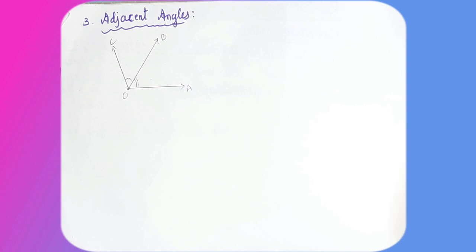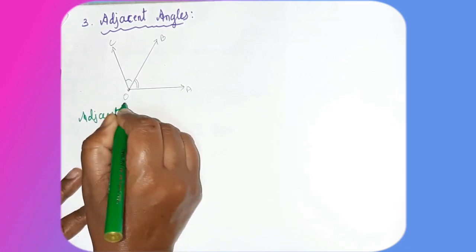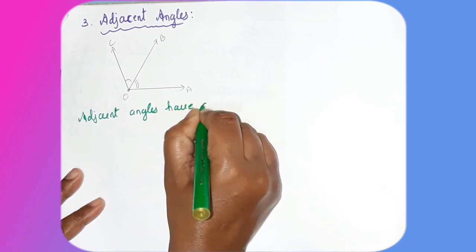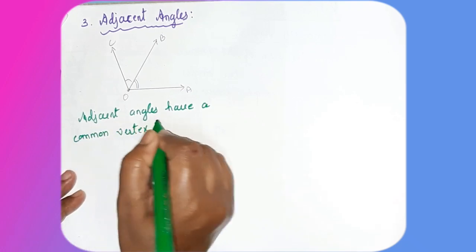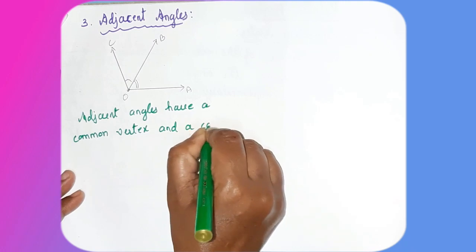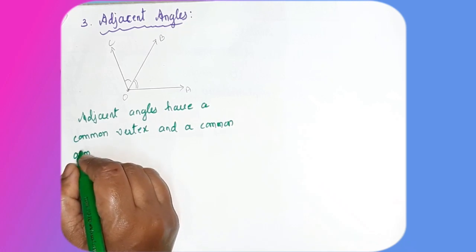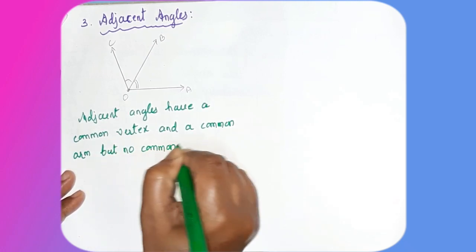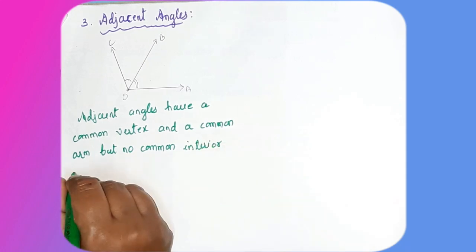What are adjacent angles? Adjacent angles have a common vertex and a common arm, but no common interior points.